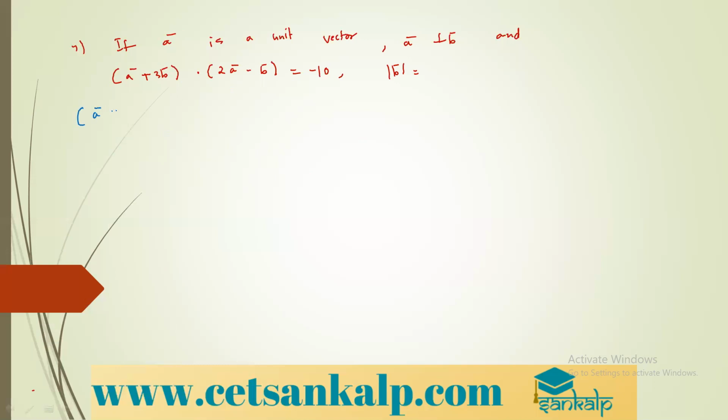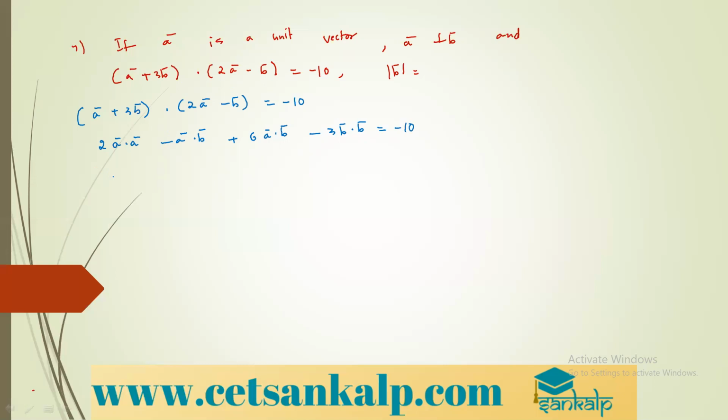First of all, A plus 3B dot 2A minus B is given as minus 10. So expand it. 2 into A dot A minus A dot B plus 6 into A dot B minus 3 into B dot B equal to minus 10.